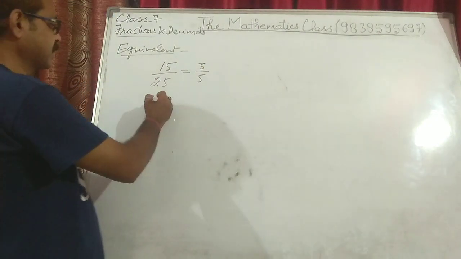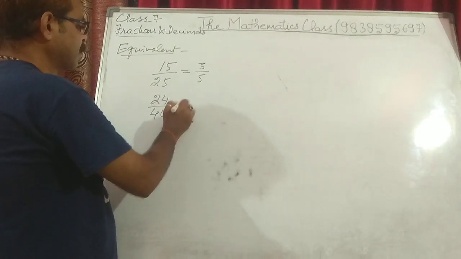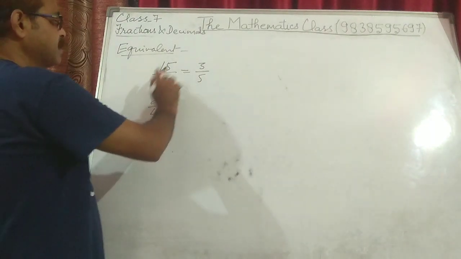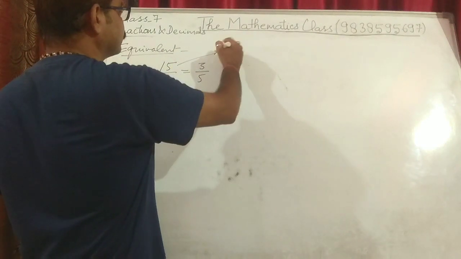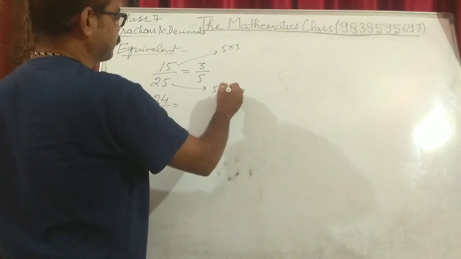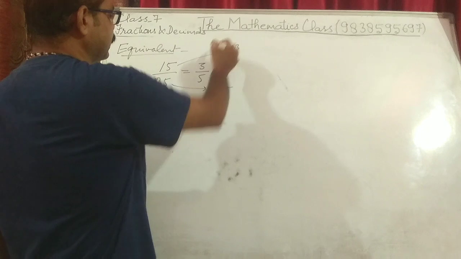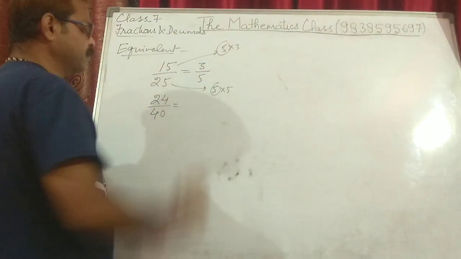So 15 has factors 5 and 3, and 25 has factors 5 and 5. So what is common in them? 5 and 5. When you cancel this 5 and this 5, you will get 3 upon 5.